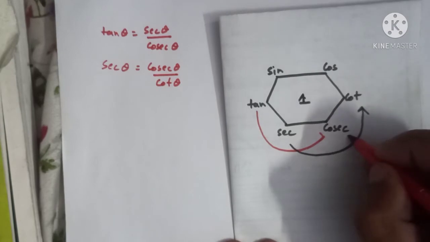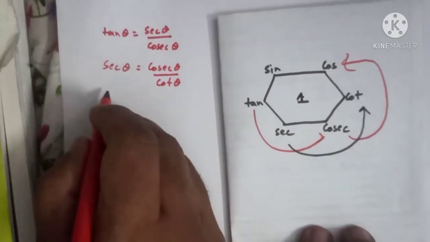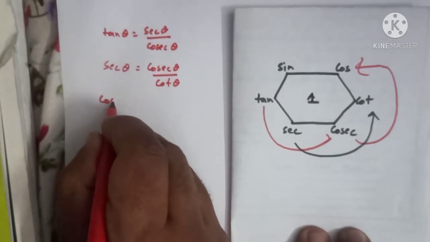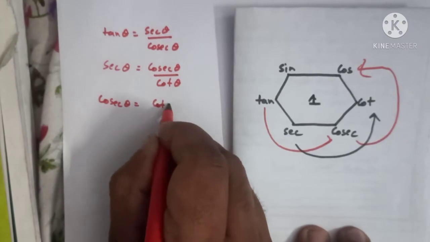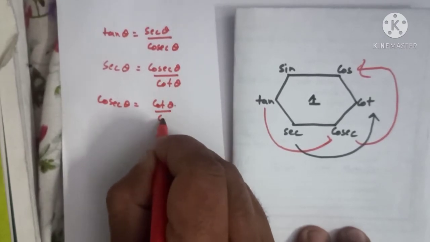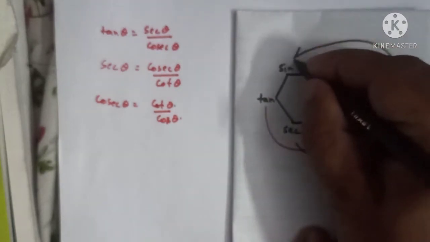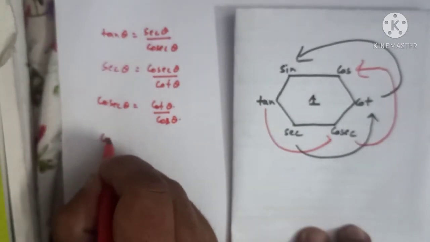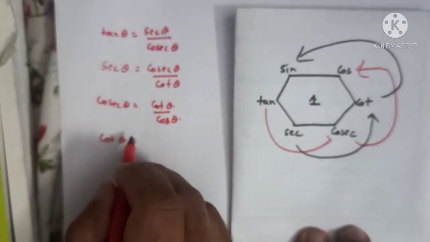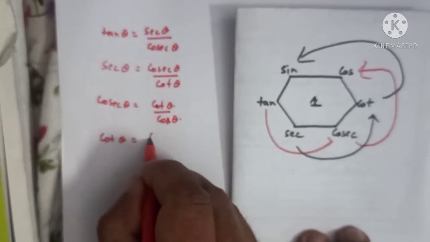Now again from cosec to cos, we can say that cosec theta is equal to cot theta upon cos theta. Now if we are moving from cot to sin, then we can write cot theta is equal to cos theta upon sin theta.